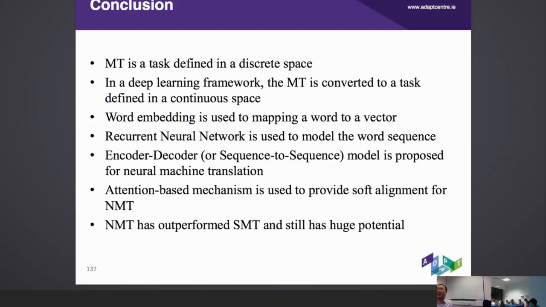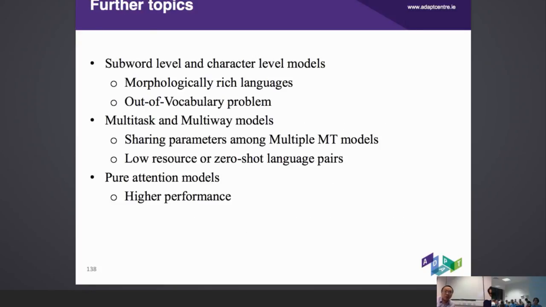Finally, we add an attention-based mechanism to provide a soft alignment between the source sentence and the target sentence. Currently, neural machine translation has outperformed traditional statistical machine translation, and there is still huge potential for neural machine translation.